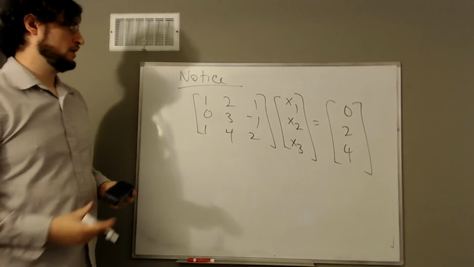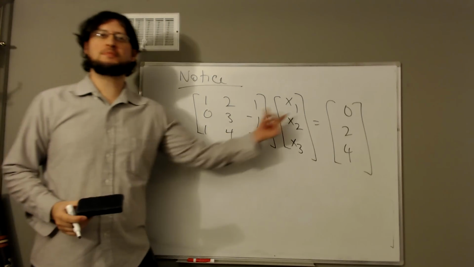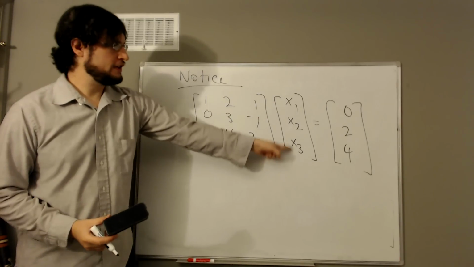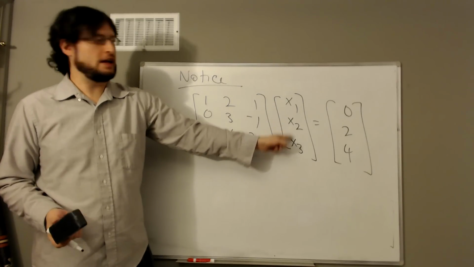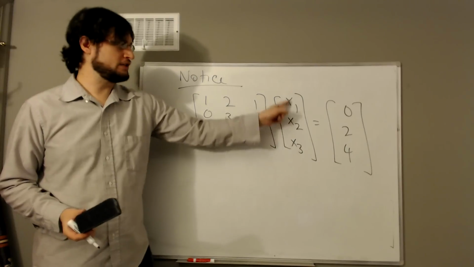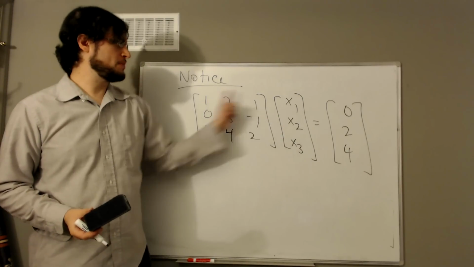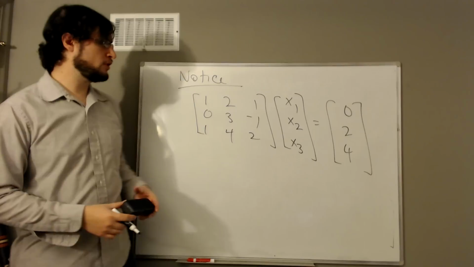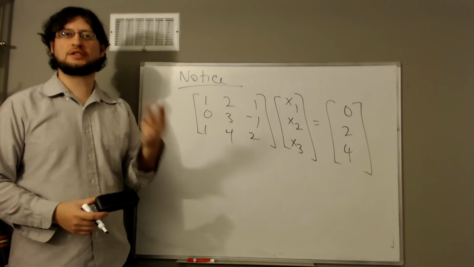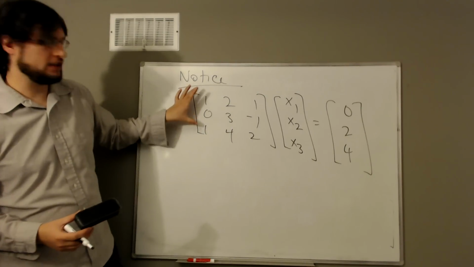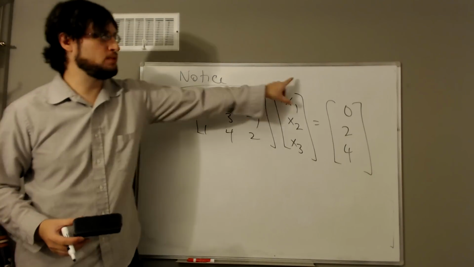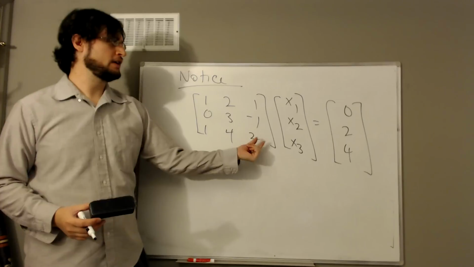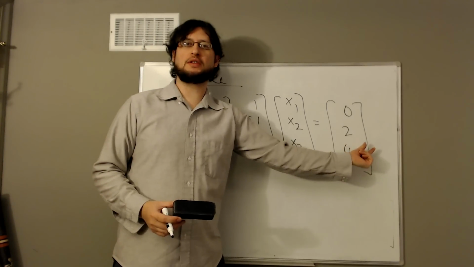Okay. So how does this relate to what we talked about in the last sections? Notice that first of all, this makes sense because this vector has 3 entries. I don't know what they are yet, x1, x2, and x3. It has 3 entries, which matches the 3 columns here, so I actually can multiply. And when I am done, I'm going to get back another vector that's in R3 because I'm taking the columns and adding them up with the corresponding scaling, which will be another vector in R3. So this will equal some other vector in R3.